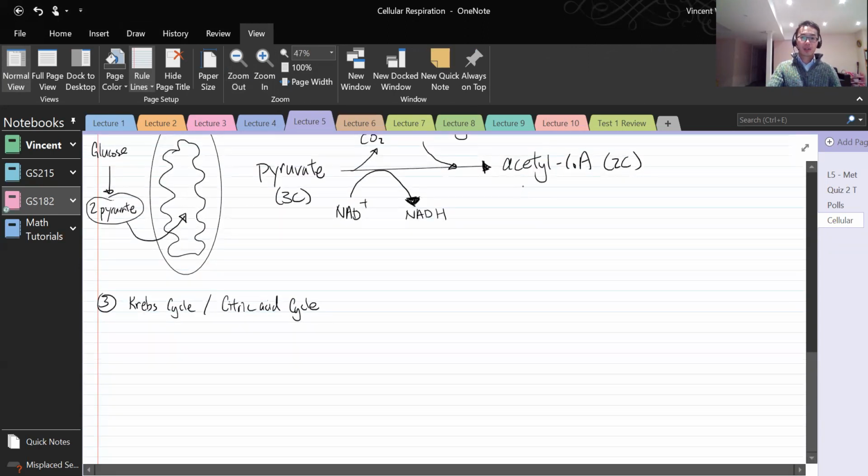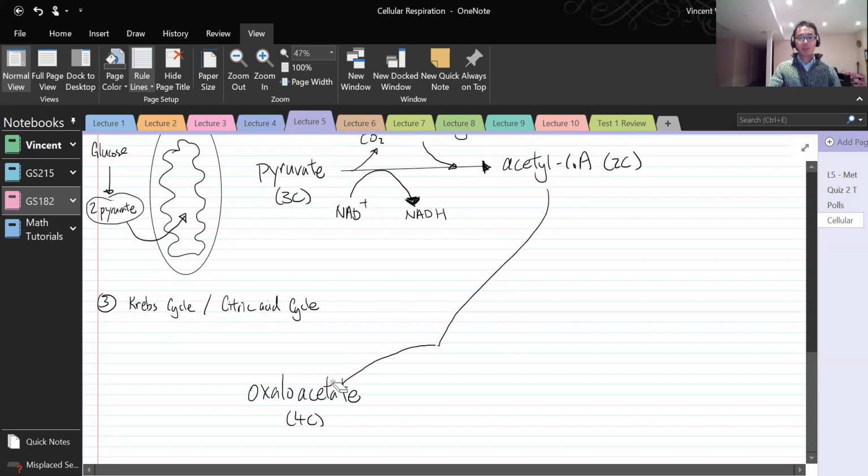Well, this acetyl-CoA that we got from the previous step is in the matrix, and in the matrix it is going to combine with another molecule called oxaloacetate, which has 4 carbons in it.